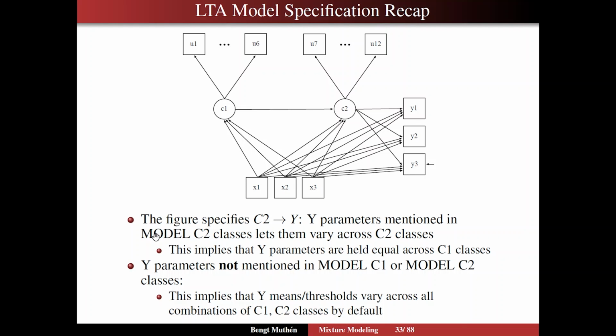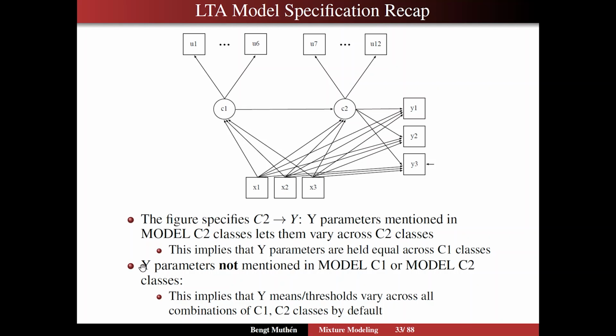And that specification then implies that the Y parameters are held equal across the C1 classes. So when we say that they vary across C2 classes, we implicitly also say that they're held equal across C1 classes. Otherwise, they would be influenced by C1 as well.